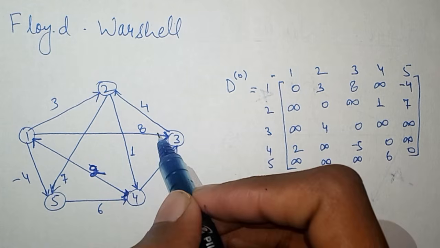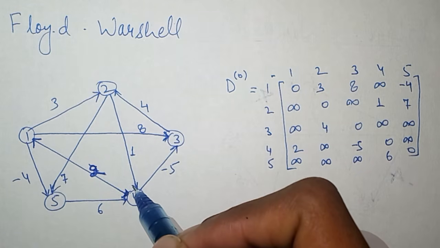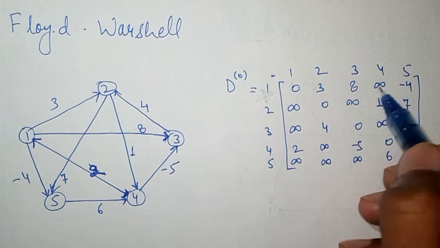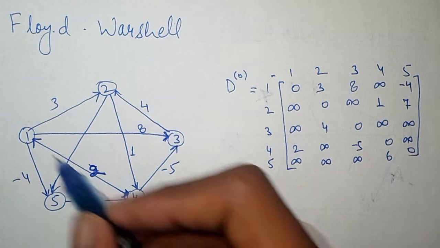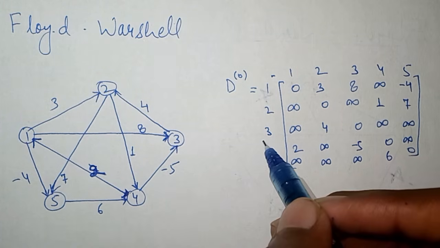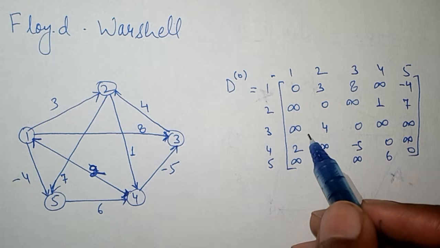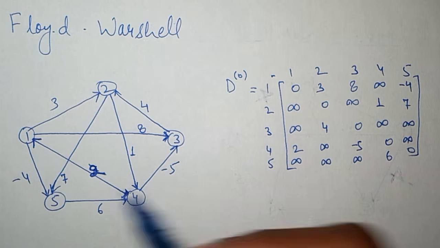For 1 to 4 there is no path, so the weight is infinite, and 1 to 5 is -4. The other elements can also be filled using the same method.